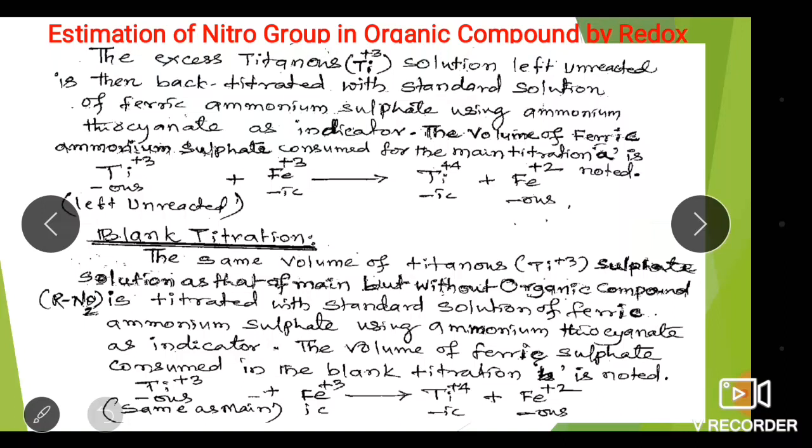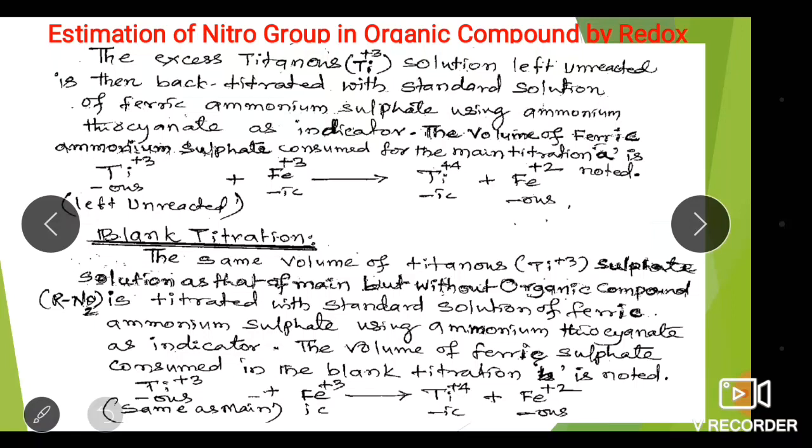The redox titration reading, the main reading, is A. The reaction is titanium+3 plus Fe+3: titanium+3 is oxidized into titanium+4, and iron is reduced from Fe+3 into Fe+2. So this is about the sample titration.